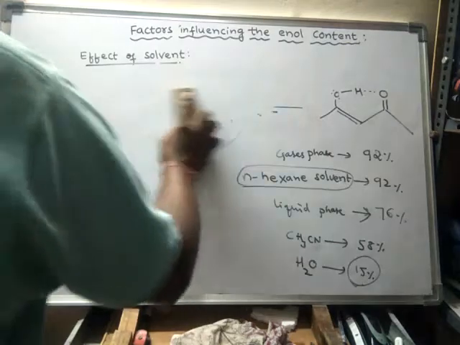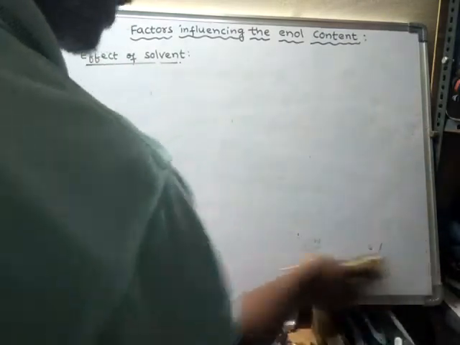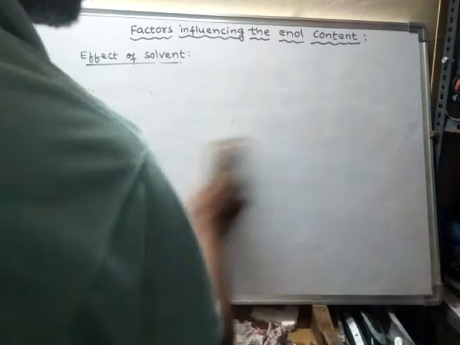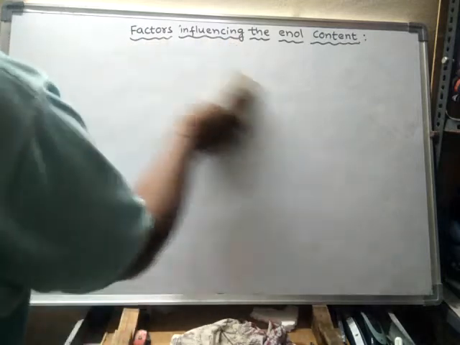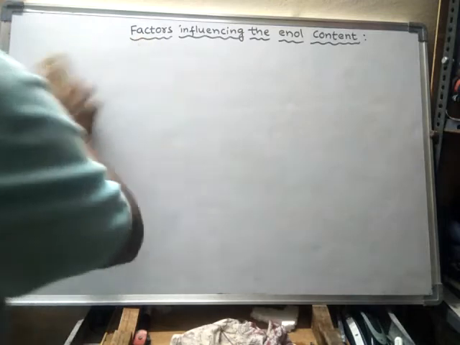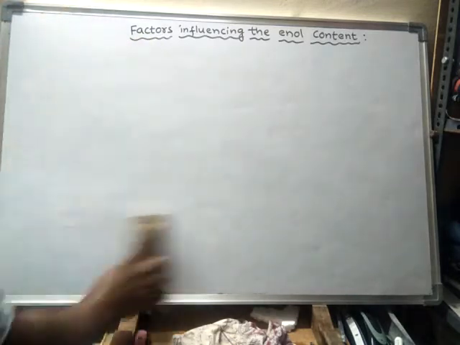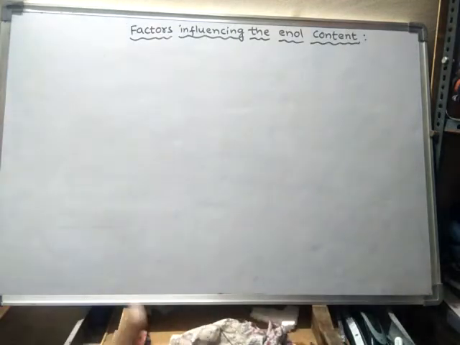Next, the next influencing factor is temperature. About hydrogen bonding we have discussed. Whenever hydrogen bonding is involved, if the solvent forms hydrogen bonding with the compound, then the keto form is favorable.